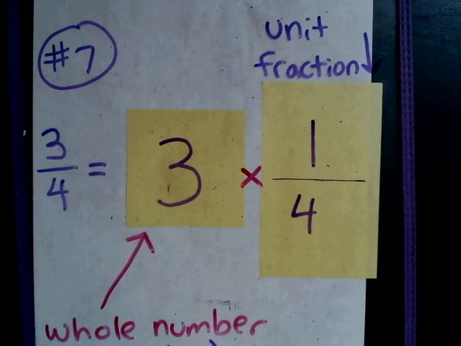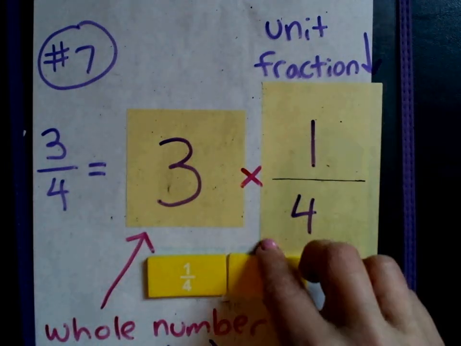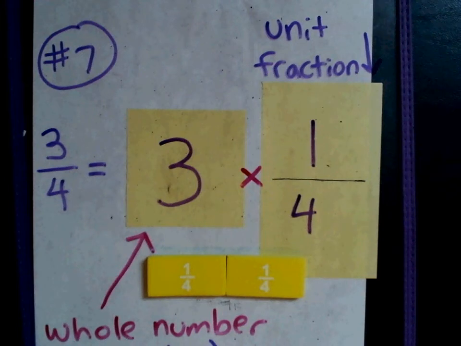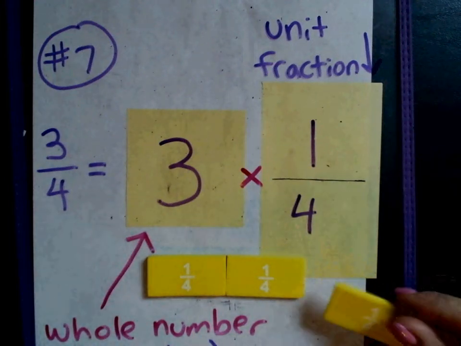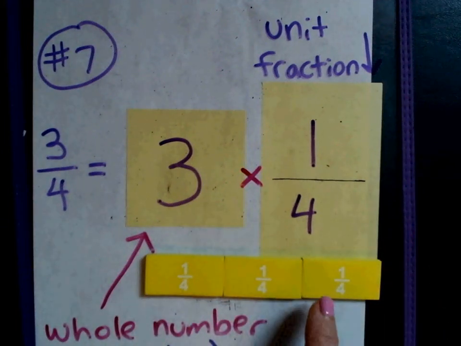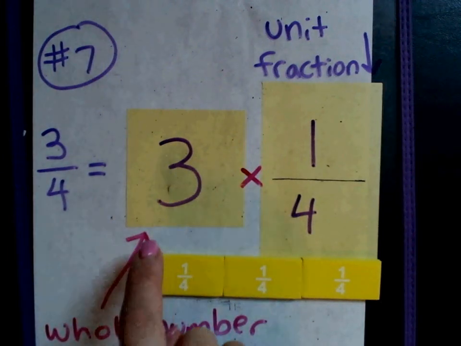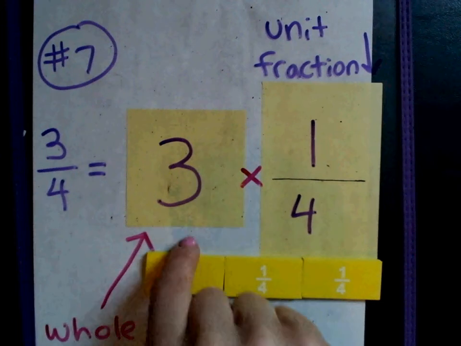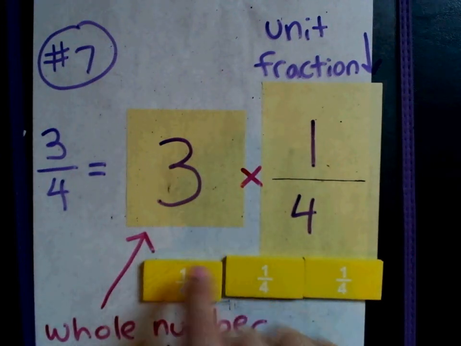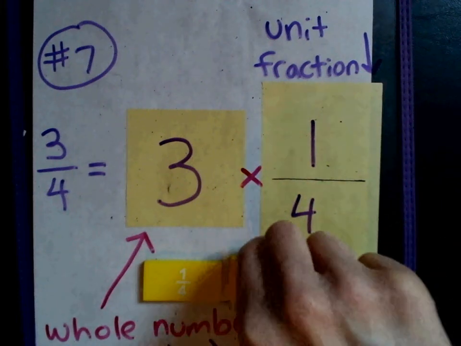So 3/4 equals 3 times 1/4, because if I take 3 1/4 pieces, if I wrote this as repeated addition, 1/4 plus 1/4 plus 1/4, I would get 3/4. But now we're practicing writing it as a whole number times the unit fraction. So each of these pieces is a unit fraction, and I have 3 of them. So I have 3 copies of 1/4.